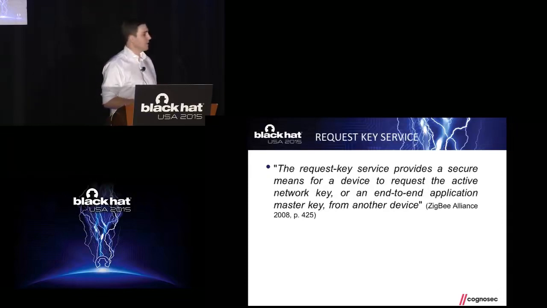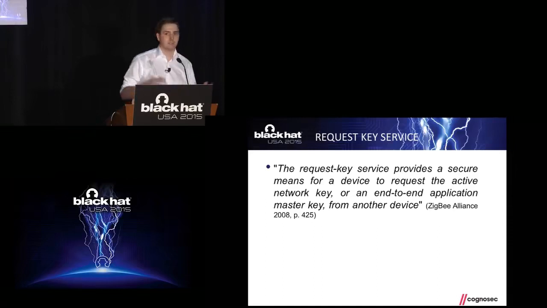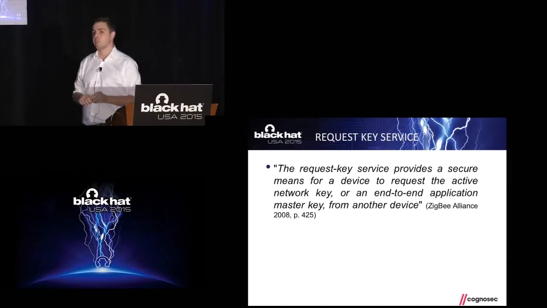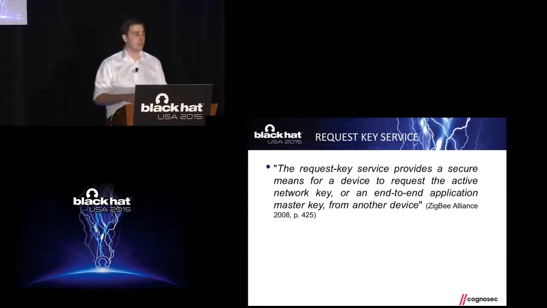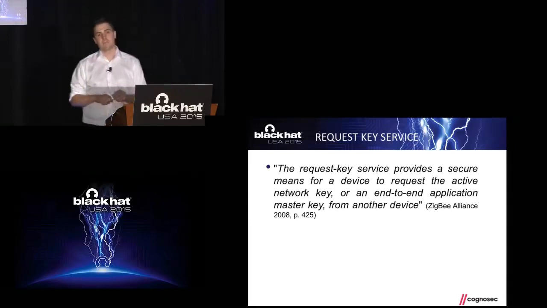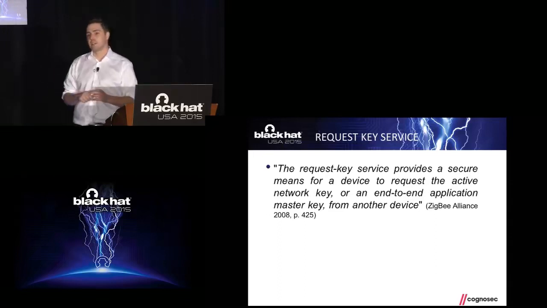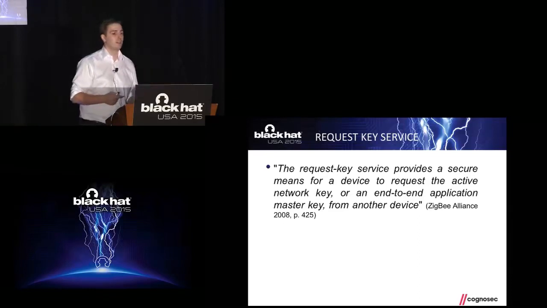As an example of wrong or bad implementations, we will bring up a service called request key. Usually it's meant for when devices want to establish link keys: one device asks the other, give me a link key, and now we will establish link keys and communicate using these keys for encryption.